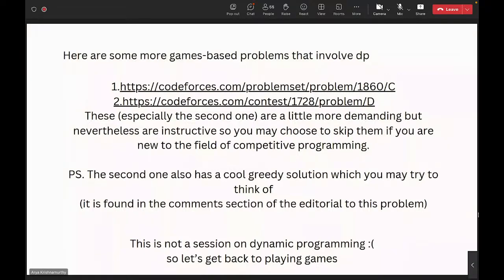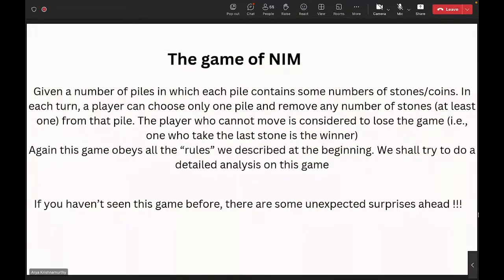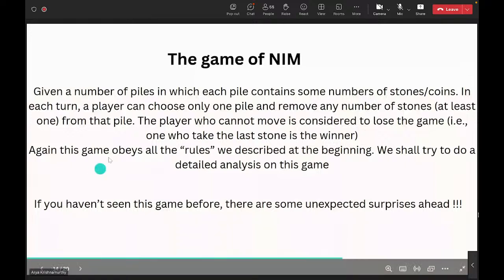We are going to discuss a very famous game called the game of nim, and the results that we get from this game generalize and help us find the winning and losing states for many other games that exist. This is very similar to what we have been discussing before, except that it generalizes some things.